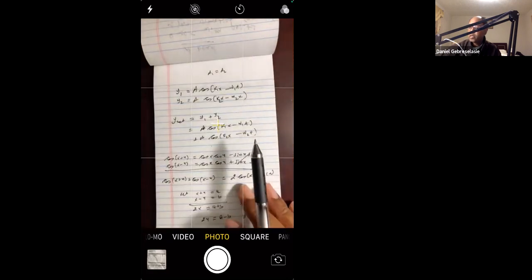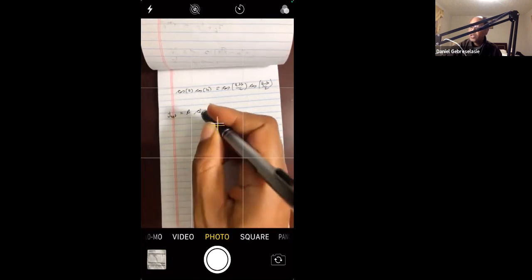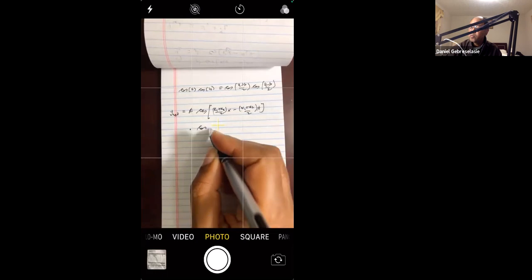So it's a product of a sum and a difference of the frequencies, you see that? So basically when you add these two, you get this one. So y net equals cosine of, first you've got the sum, k1 plus k2 over 2 times x, minus omega 1 plus omega 2 over 2 times t, times another cosine, which is a difference.